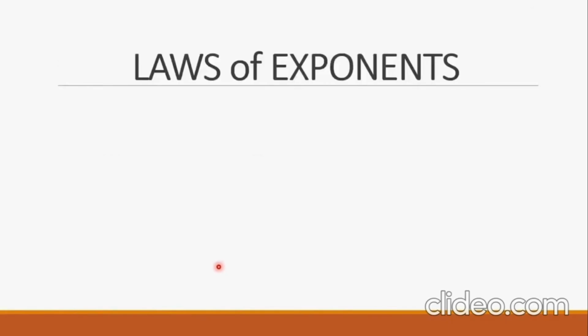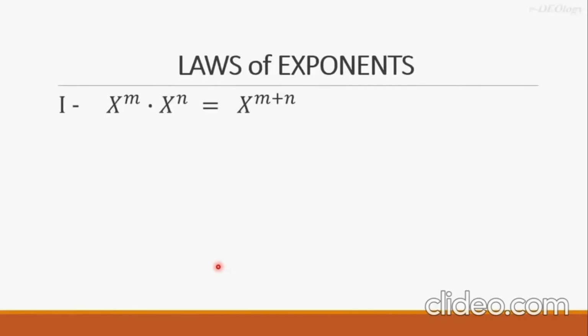Now let us go to the laws of exponents. Let us begin with the first one. The first law says when we multiply exponents with the same base, we add the exponents and copy the same base. x raised to m times x raised to n equals x raised to the sum of m and n, thus m plus n.